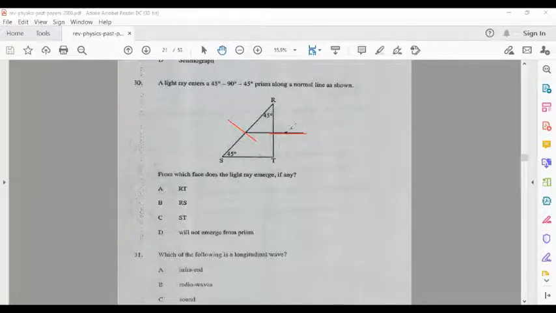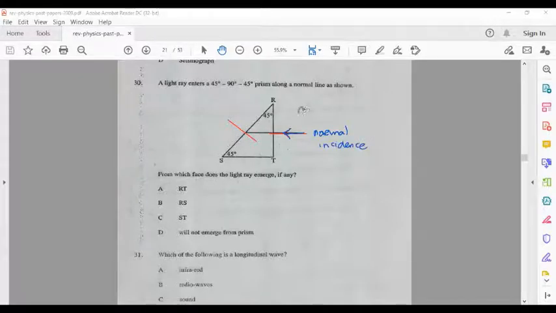So we have an incident ray, okay? And it goes in, this red line is our normal. Okay, and that blue arrow represents our incident ray. Notice that our ray lies exactly on the normal. We have a special term for this. We call this normal incidence.